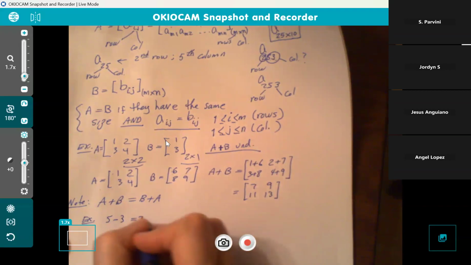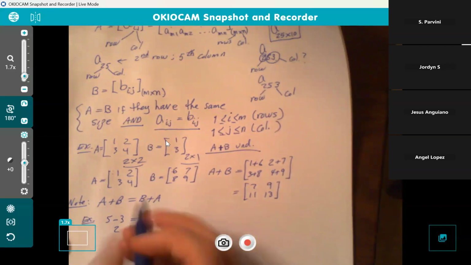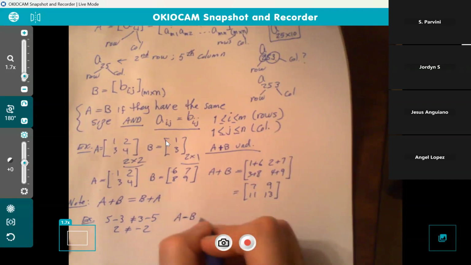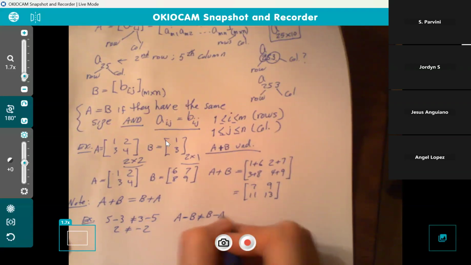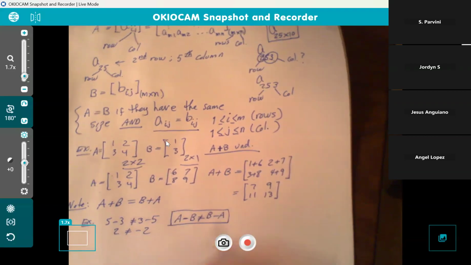Would that equal 3 minus 5? Doesn't look right, does it? 5 minus 3 is 2. 3 minus 5 is negative 2. They're not the same. So the same thing with matrices. For matrix operations, matrix A minus B doesn't equal matrix B minus A. There is no commutative property of subtraction.